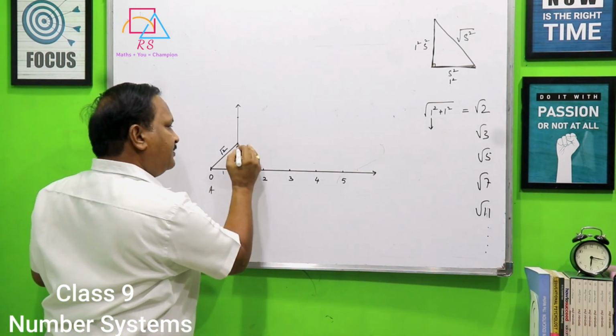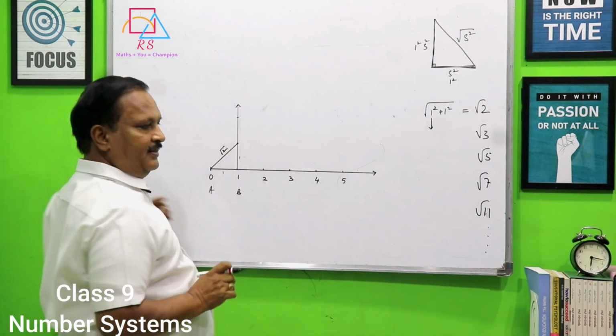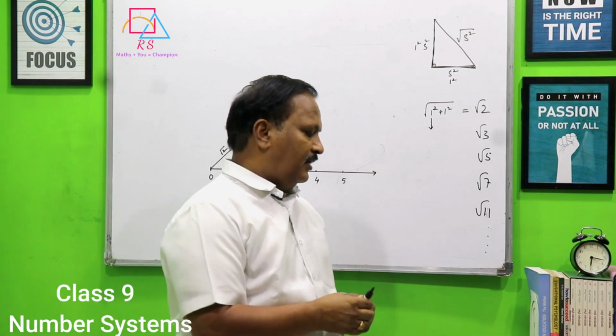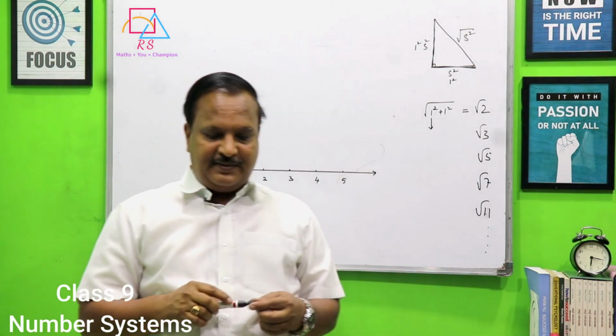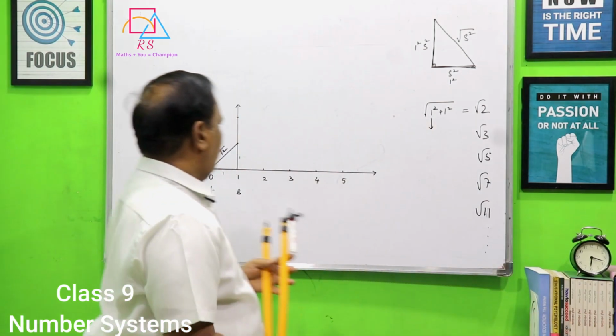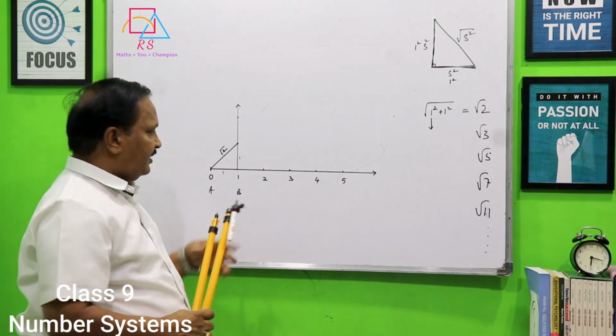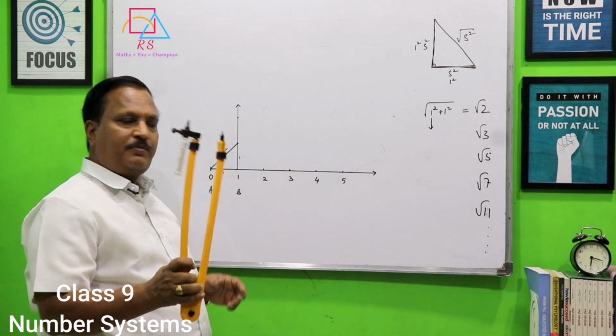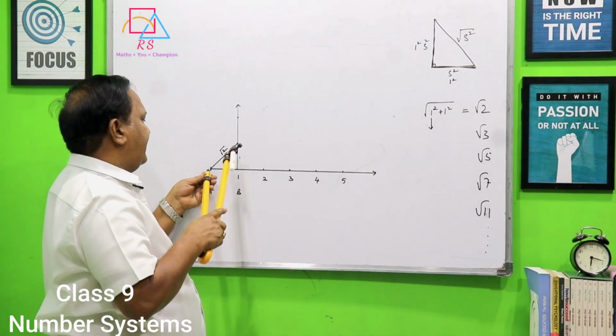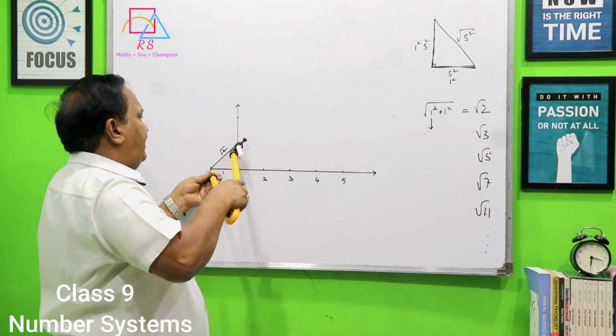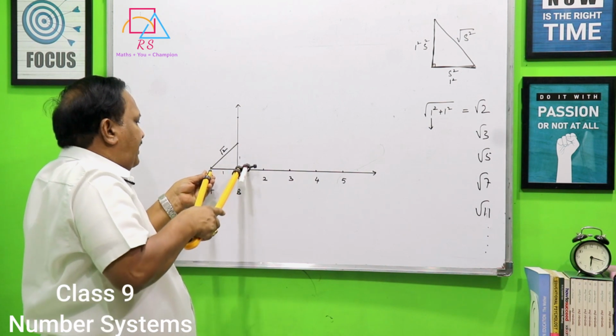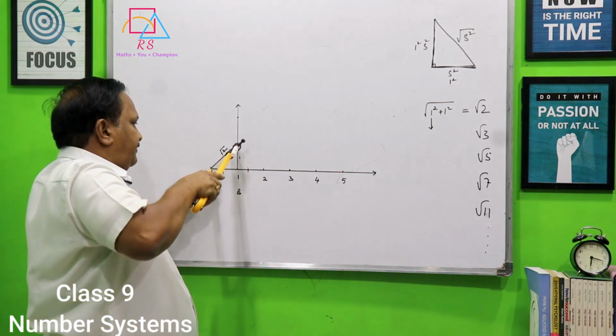How to bring this length on to the number line? You have to use a compass. To locate this line segment on the number line, we need a compass. So take this exactly and mark a point like this.